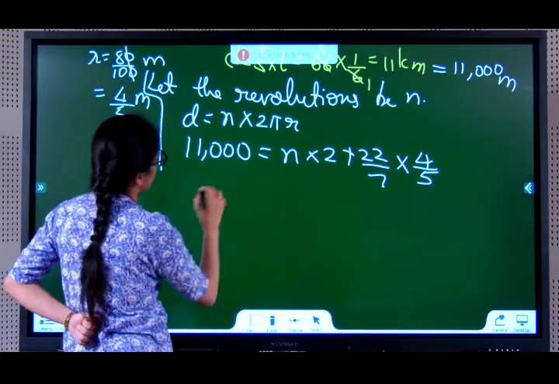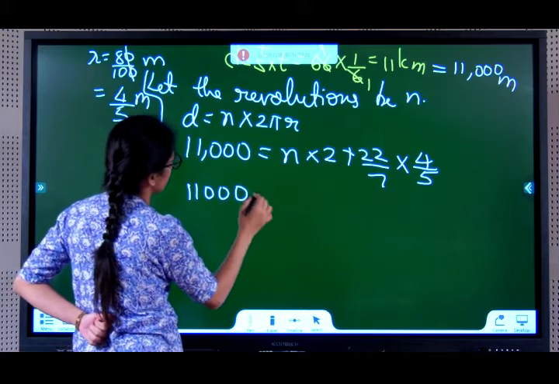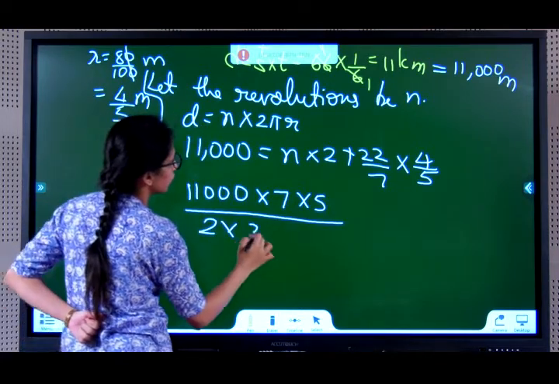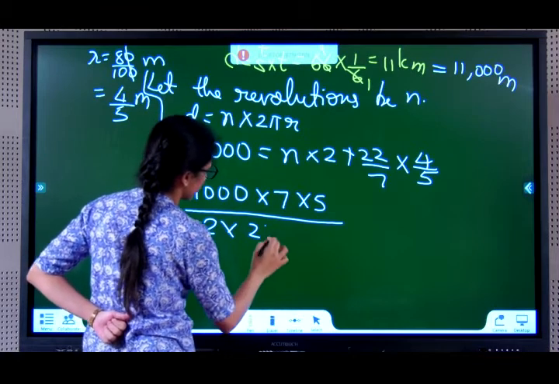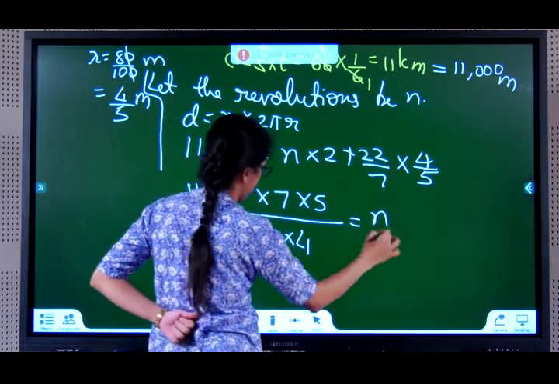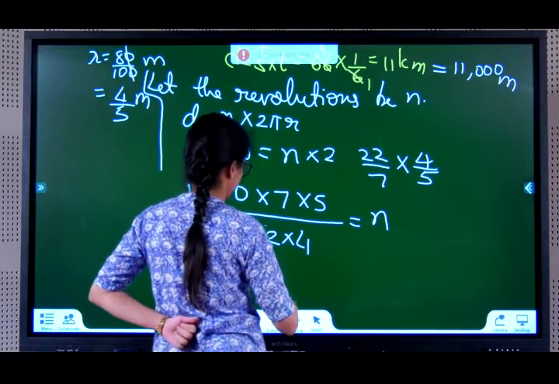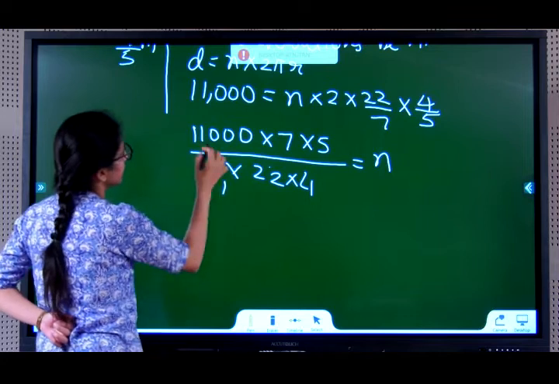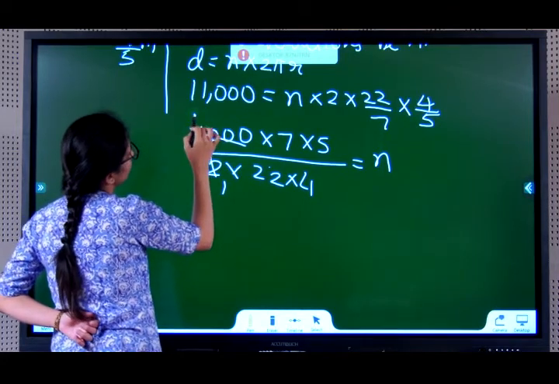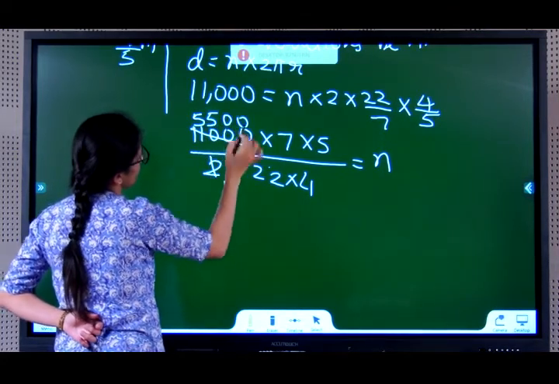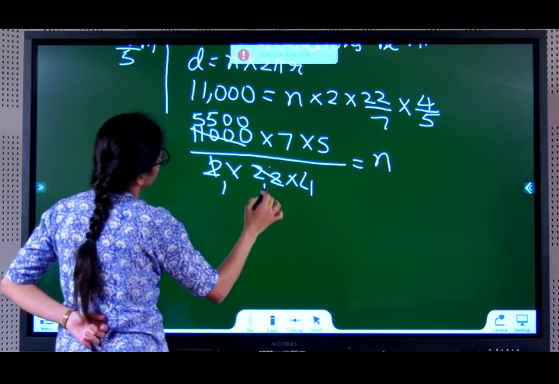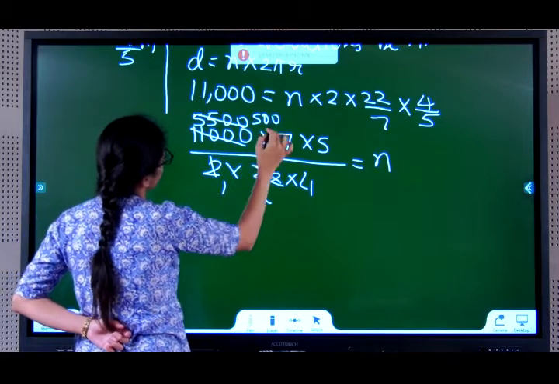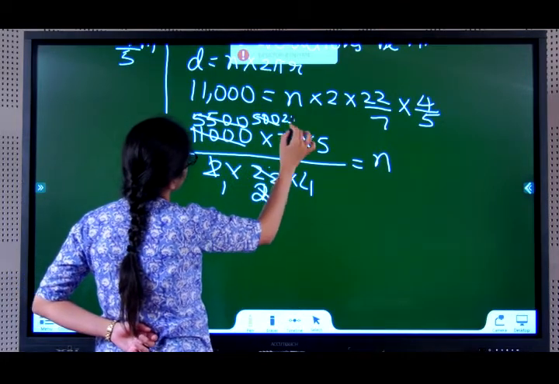So n is equal to 11,000 into 7 into 5 divided by 2 into 22 into 4. Let me simplify: 2 1s are 2, 5s are 10. 11 2s are 22, 11 500s are. Two 1s are 2, 50s are.